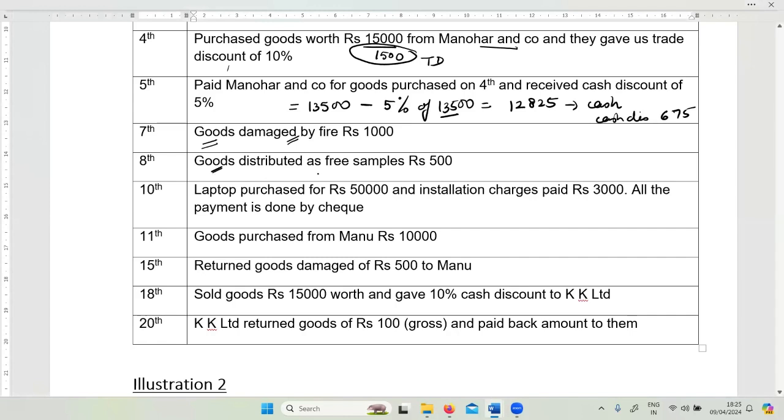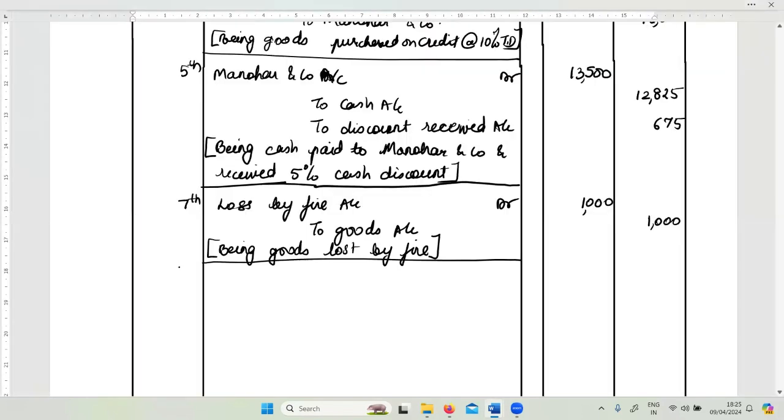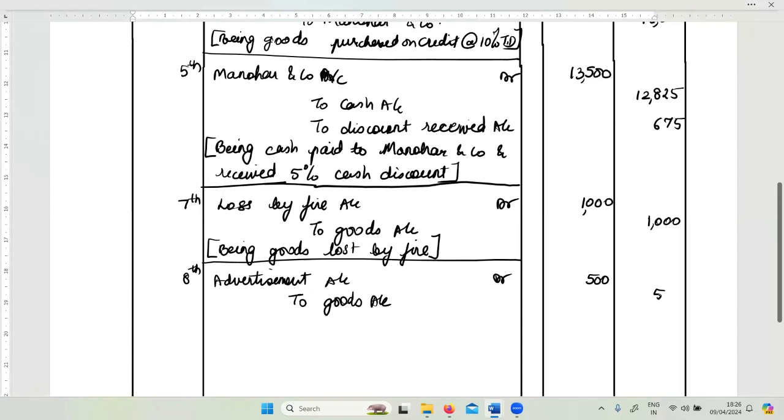Next transaction that we have is goods distributed as free samples. Now again we have goods and we have free samples, in the sense we have advertisement we are paying for, in the sense we are actually incurring an expense of advertisement worth 500. So advertisement being expense is debit. So I write on the 8th in the journal, advertisement account, debit 500, and two, goods account, because goods are going out, we are distributing them as free samples, 500.